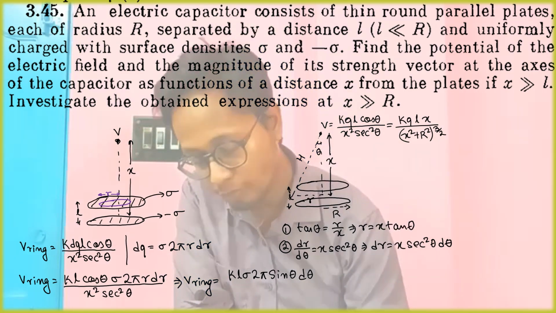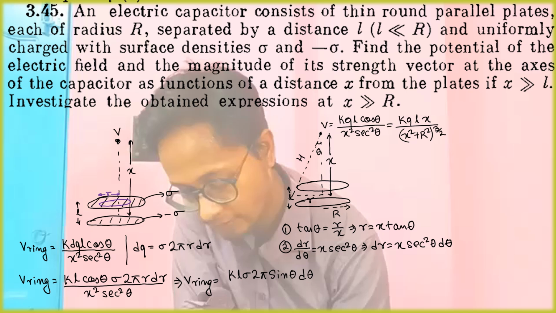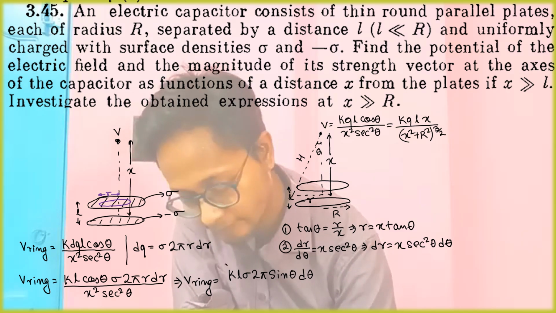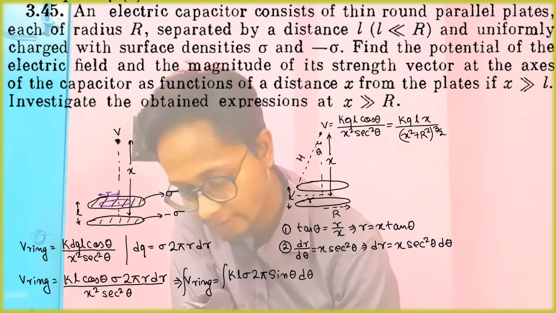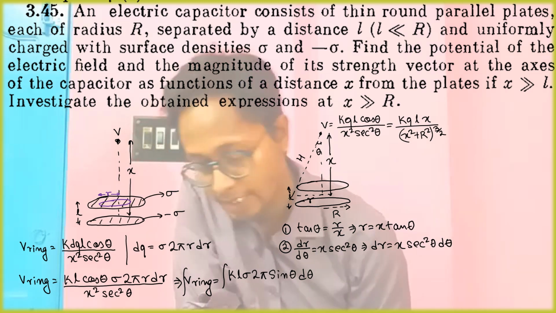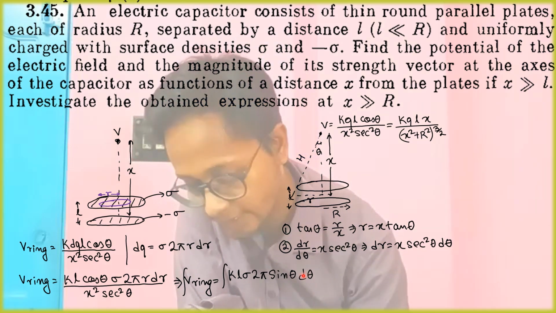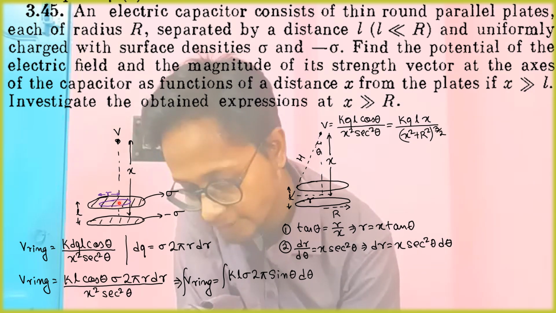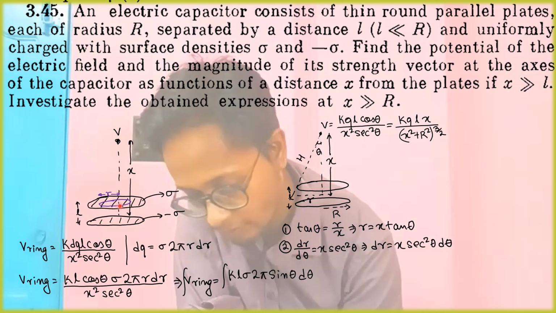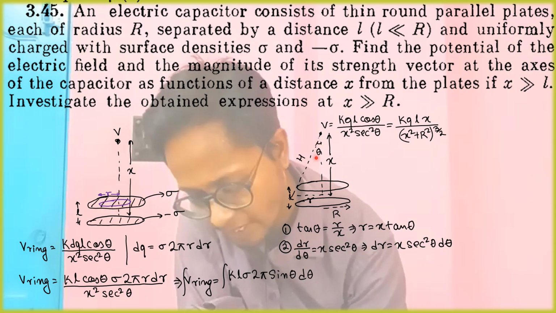Now to find out the potential of this pair of disks, I have to integrate this, isn't it? I have converted the elements from r to theta. So what are the limits? At r is equal to 0, or at this point, what is the value of theta? Theta is equal to 0, no?